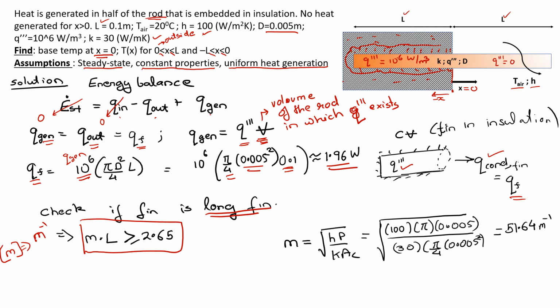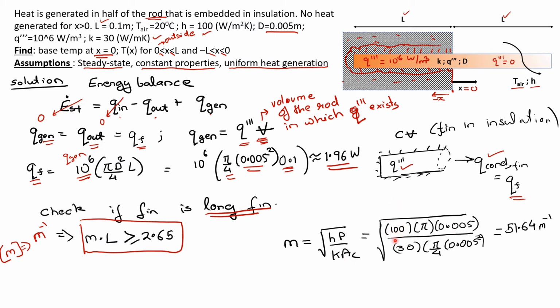So our m, the fin parameter, has the formula under root h times p divided by k times A c. h is the heat transfer coefficient, p is the perimeter of the cylinder, which is nothing but pi times d, k is the thermal conductivity of the rod, that's the fin, and A c is the cross-sectional area through which conduction is taking place. So in this case, it will be the cross-sectional area of the cylinder. So make sure that you choose the correct area here.